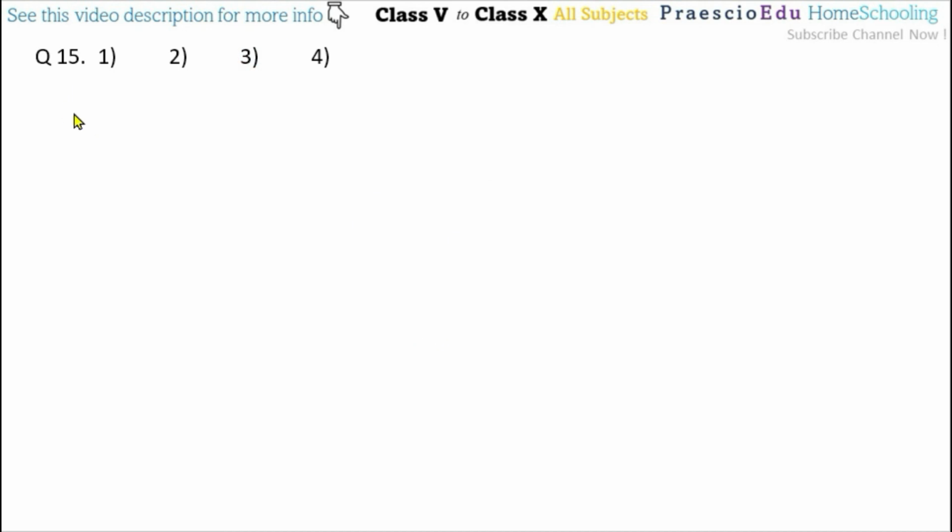Now question number 15. In a code, the number 42 is written as 4, then 63 as 9, then 71 as 36. Then how will you write 90 in this code? The difference between these two digits is 2, and 2 squared is 4.